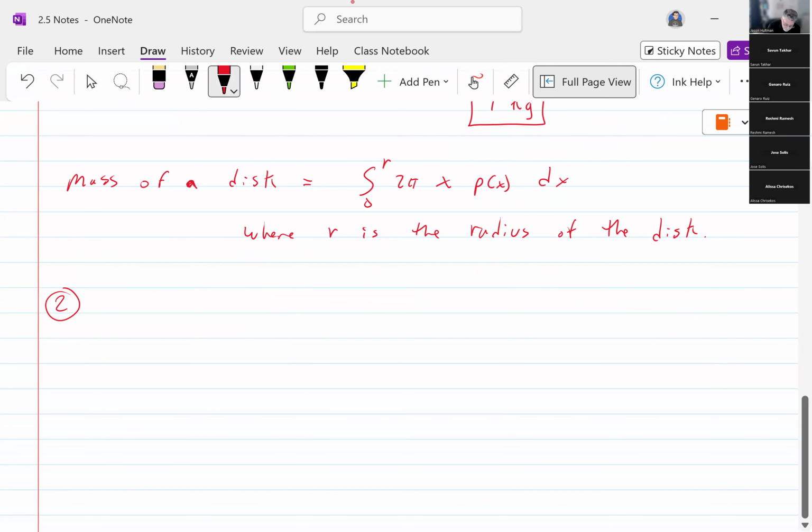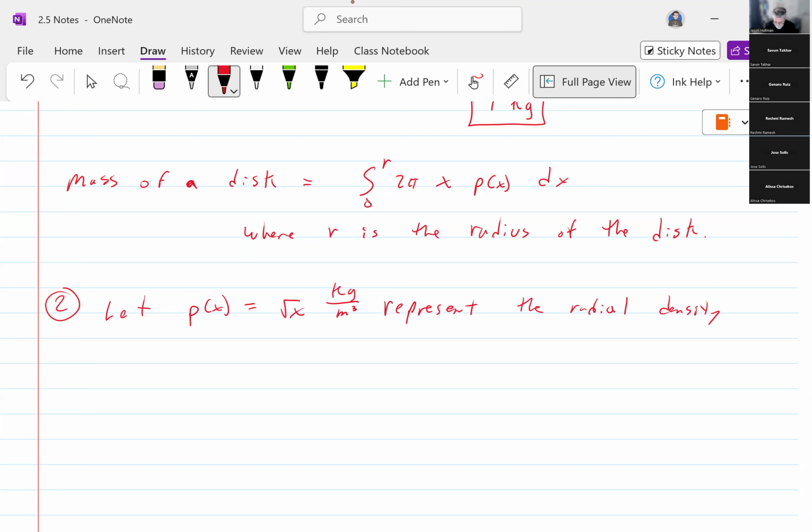Number 2. Let P of x equal the square root of x kilograms over meters cubed represent the radial density of a disk.